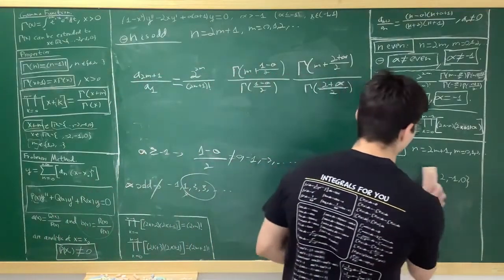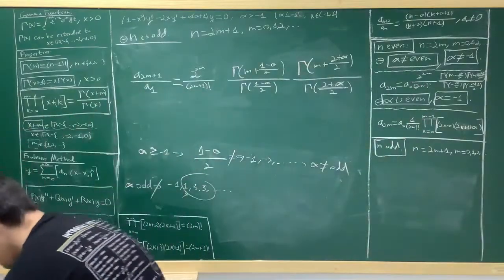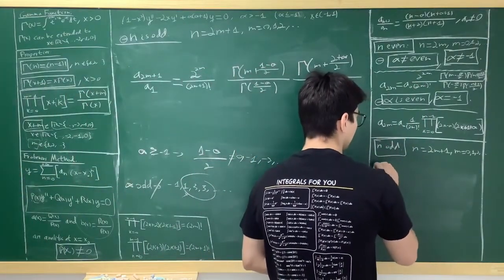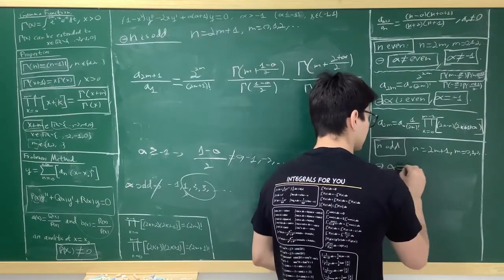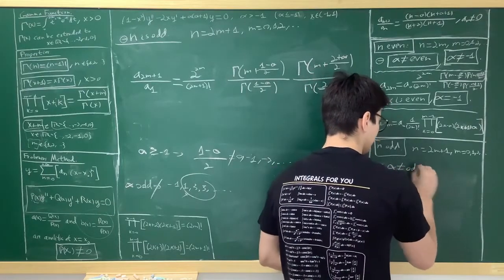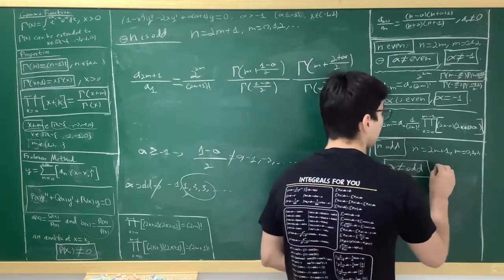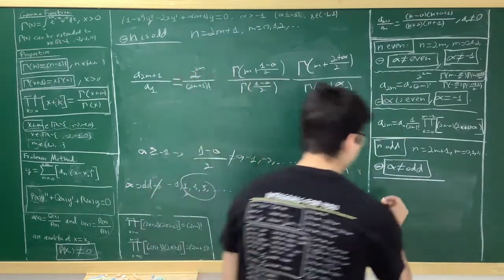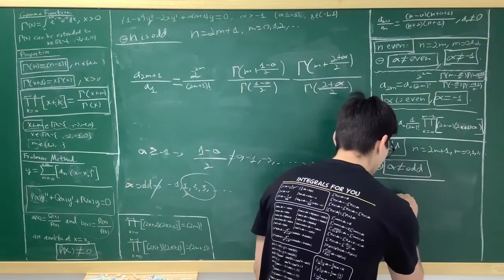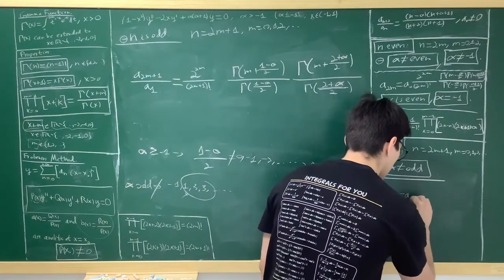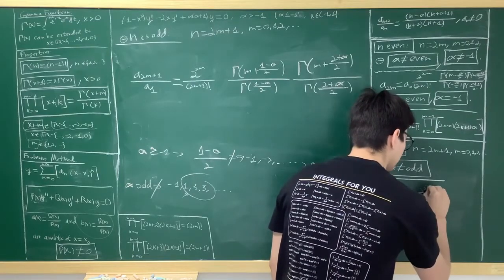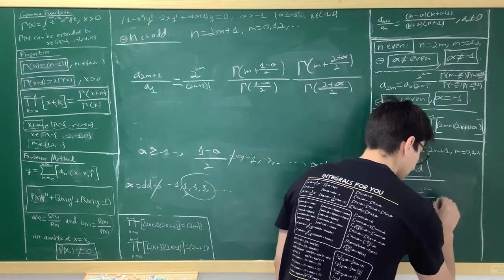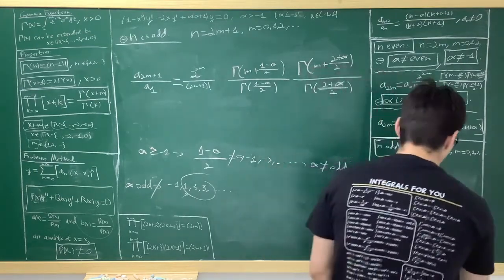So let me just write this here. Alpha is not odd. So if alpha is not odd, we get that our solution for our recurrence relation is just a2m plus 1 equals a1 times 2 to the 2m over 2m plus 1 factorial times these gamma function terms.